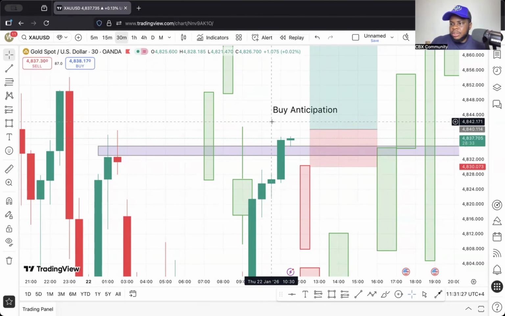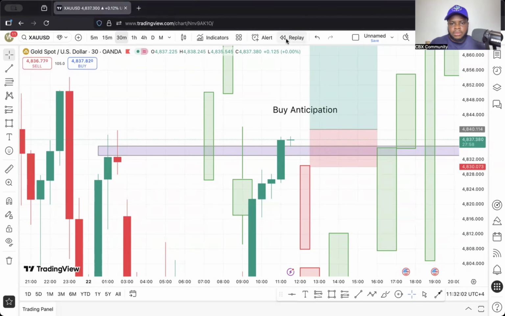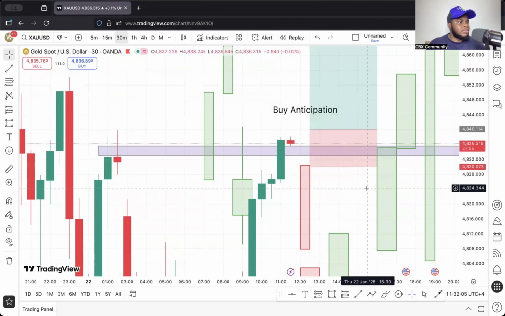Let's see. We are looking at... let's see what this candle wants to do.